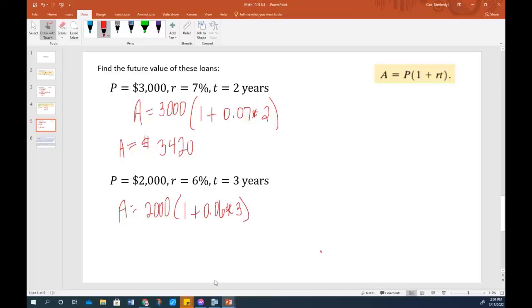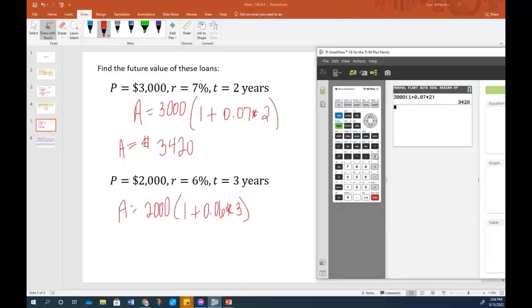You've always got to make sure those numbers come up in years. So 2,000 parentheses 1 plus 0.06 times 3. I've got it all entered correctly, and $2,360 is our future value.